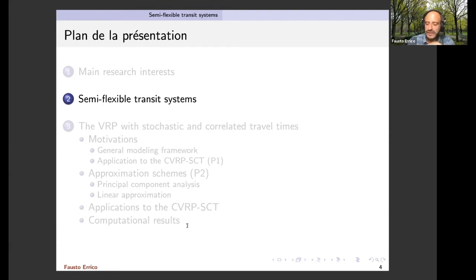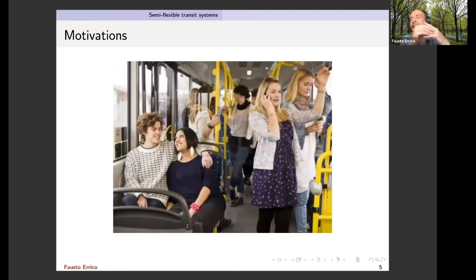So let me start with some motivations. In the center of the city, anywhere where the demand for transportation is relatively high, traditional transit is usually quite effective. And why is it so?